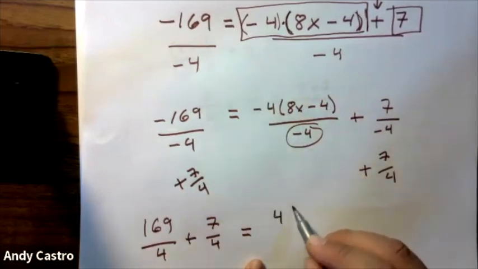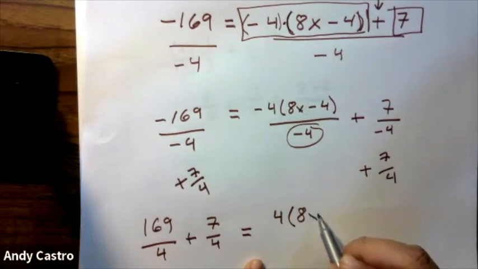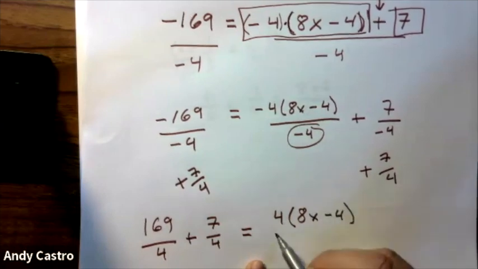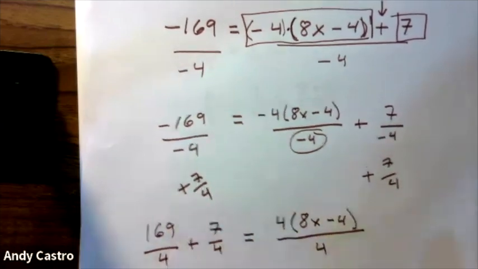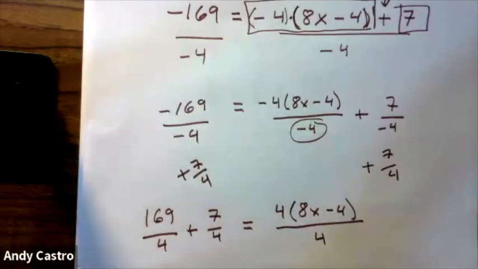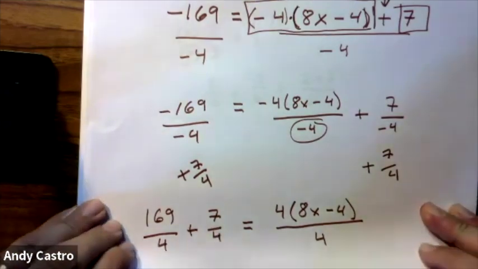So that's 4 times 8x minus 4 divided by 4. Okay. 169 plus 7 is 174. Write down what we got so far.